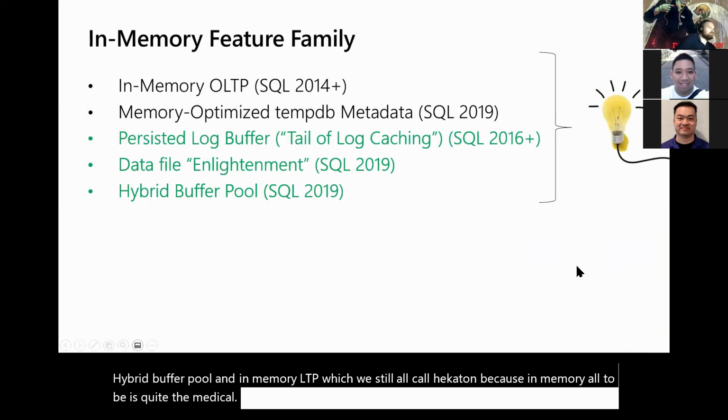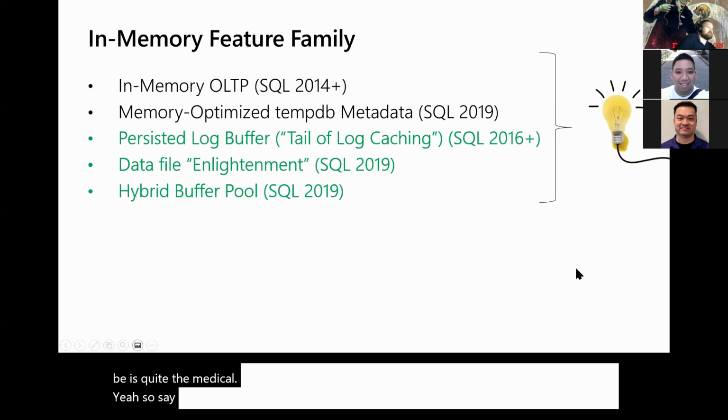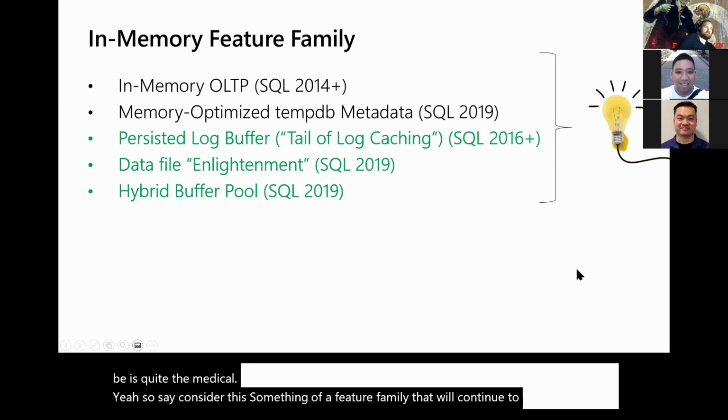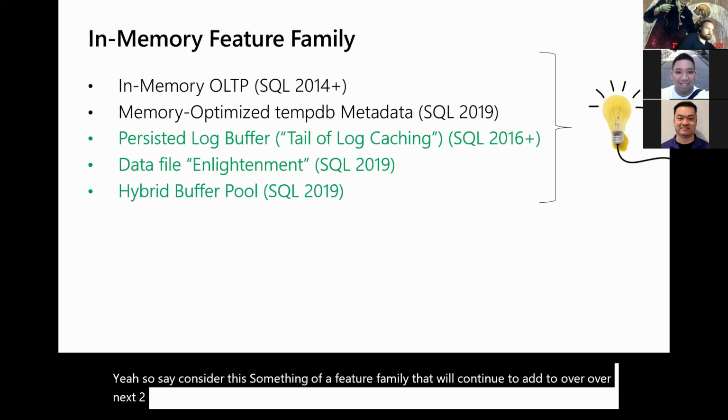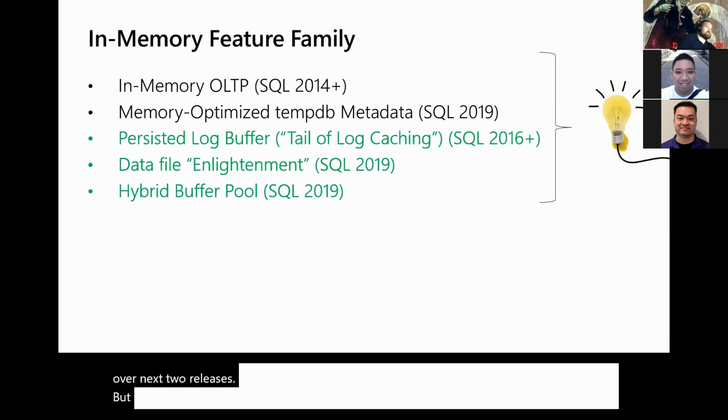So as I say, consider this something of a feature family that we'll continue to add to over our next few releases. But this is what we have in that grouping currently.